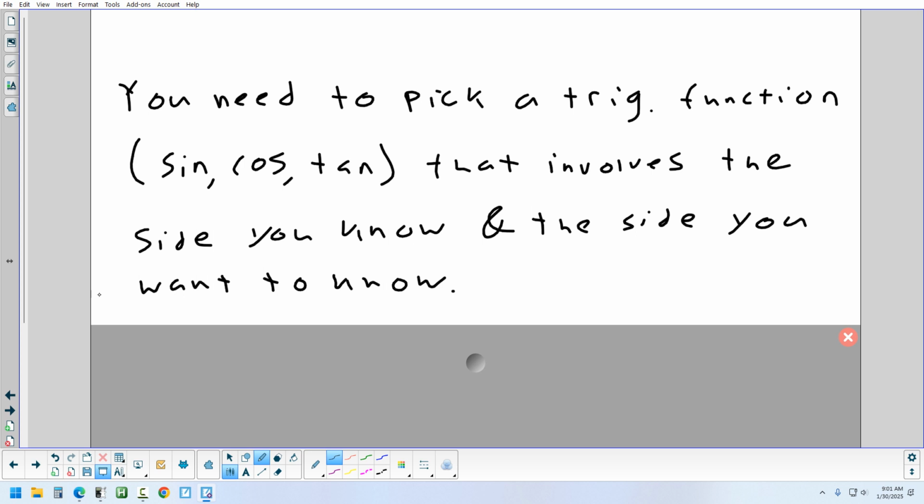So if they give you the opposite and you're trying to solve for hypotenuse, opposite and hypotenuse is sine. If they give you the adjacent and you're trying to find the opposite, adjacent and opposite is tangent. So we just have to figure out which two sides are going to be involved.